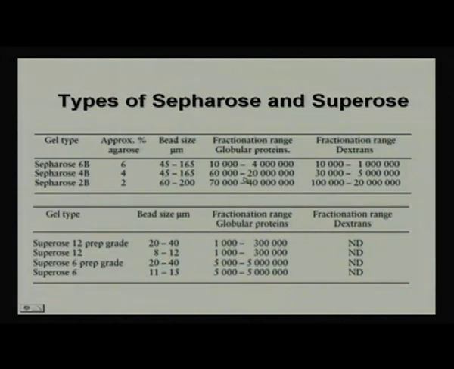So here it is not agarose derivatized, I am sorry, Superose 6B, Superose 2B, Superose 4B, everything are the dextran-derivatized beads, and Sephacryl type beads are agarose derivatized beads.